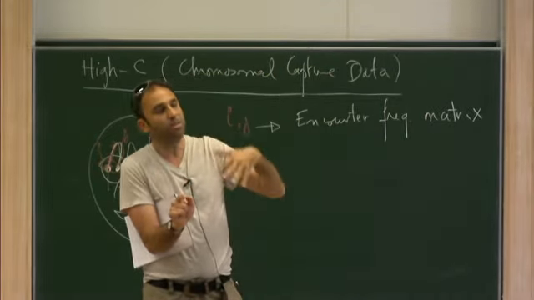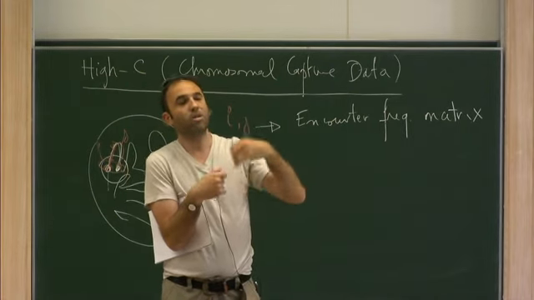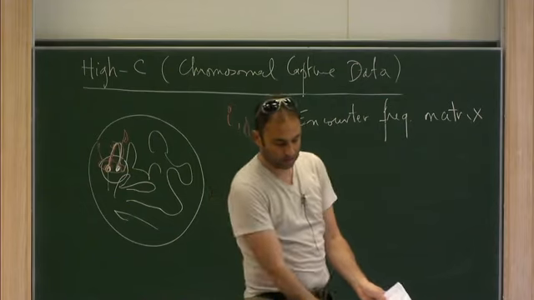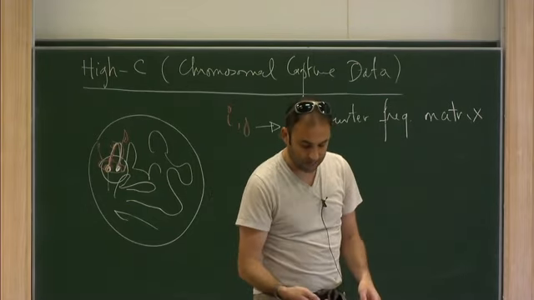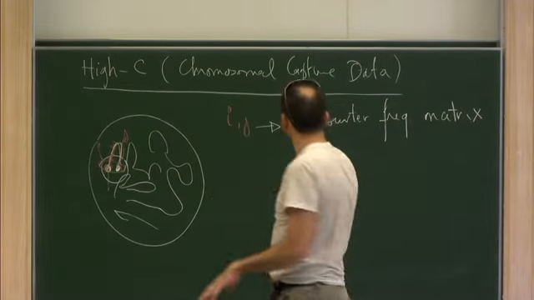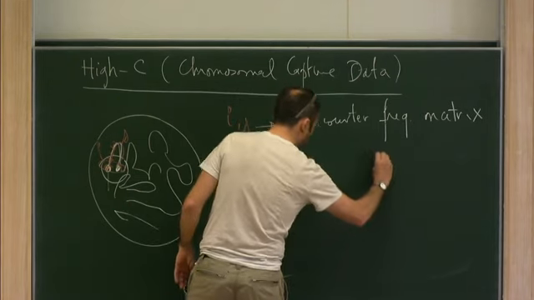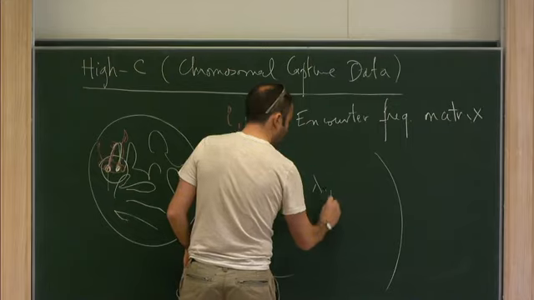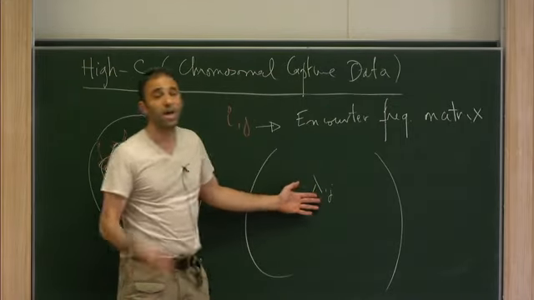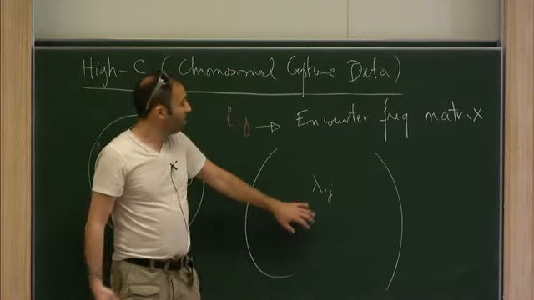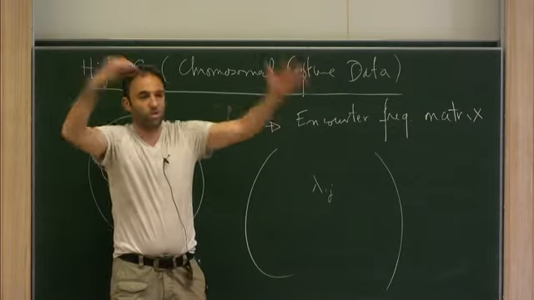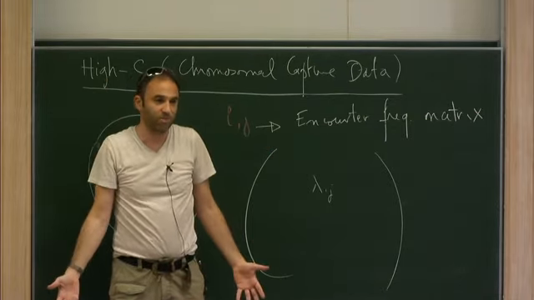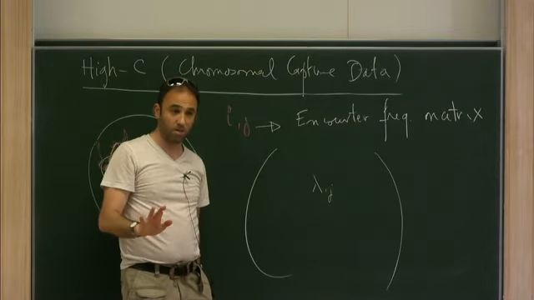This is partial information. And so what you're raising is the important question in the field. Suppose now you get this matrix. I didn't draw this, but you have this lambda ij, which is your frequency of encounter. This is exactly the question: can you reconstruct the 3D geometrical organization? Nobody knows.